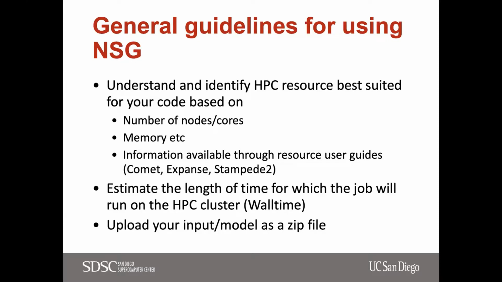So we want you to overestimate the time a bit, because we don't want your job to be terminated in case your job runs a minute over the time that you think it will run. The wall time is very important, because otherwise your job may run for 10 hours and then get killed if you have not provided the right time for it.